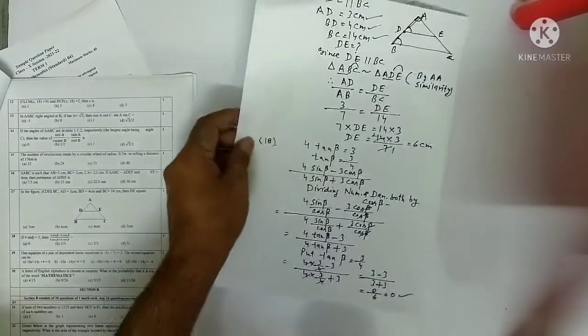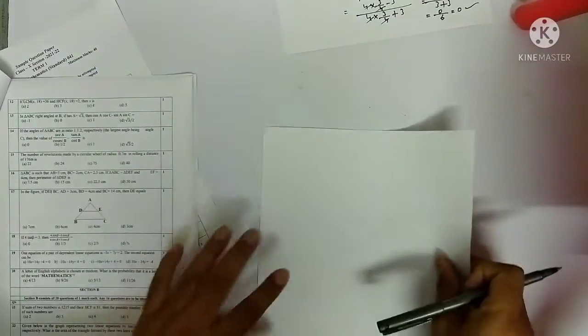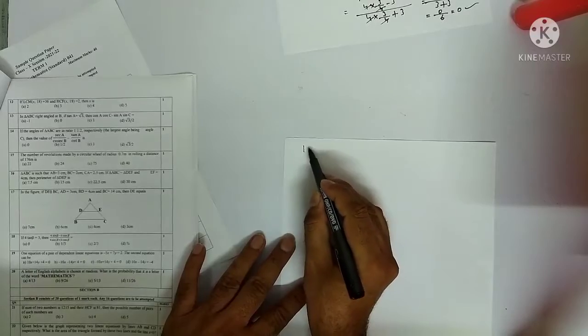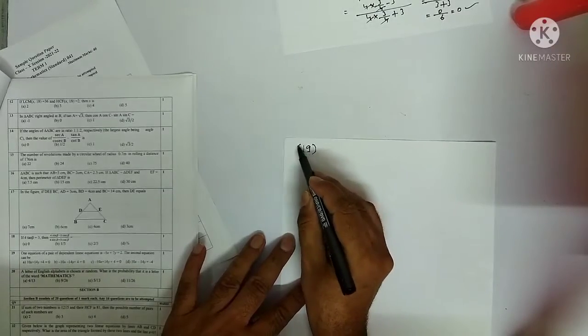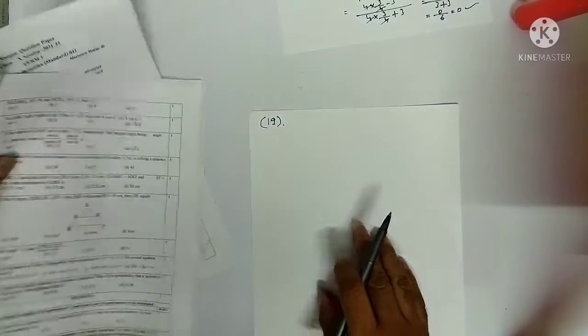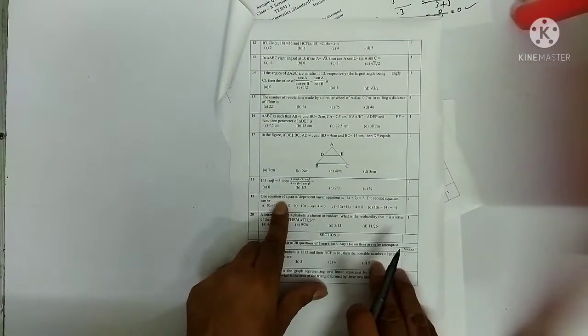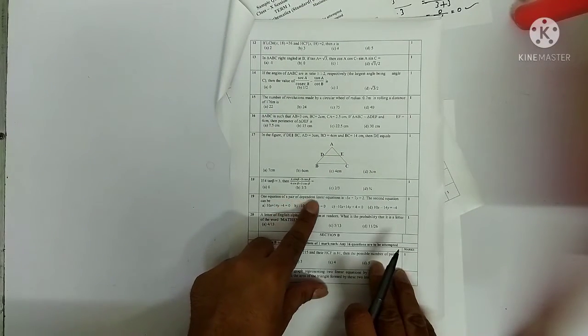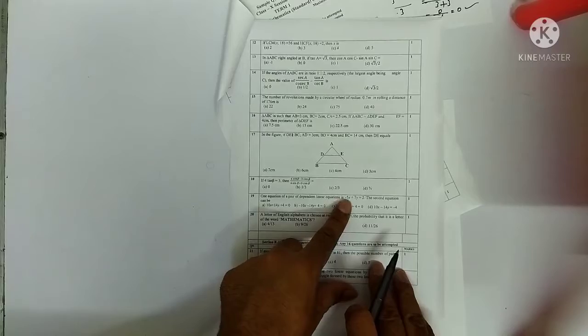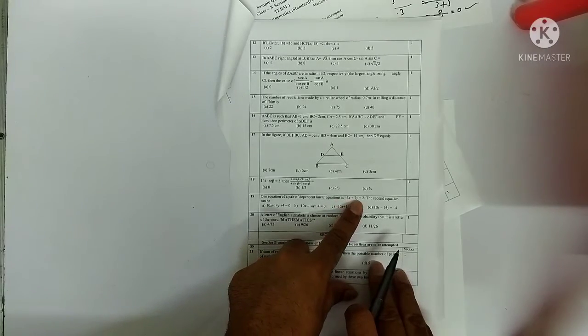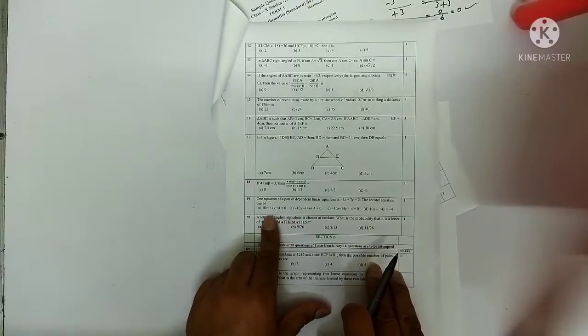Now after this question number 18, let's discuss question number 19. Question number 19: one equation of a pair of dependent linear equations is minus 5x plus 7y is equal to 2. What can be the second equation?